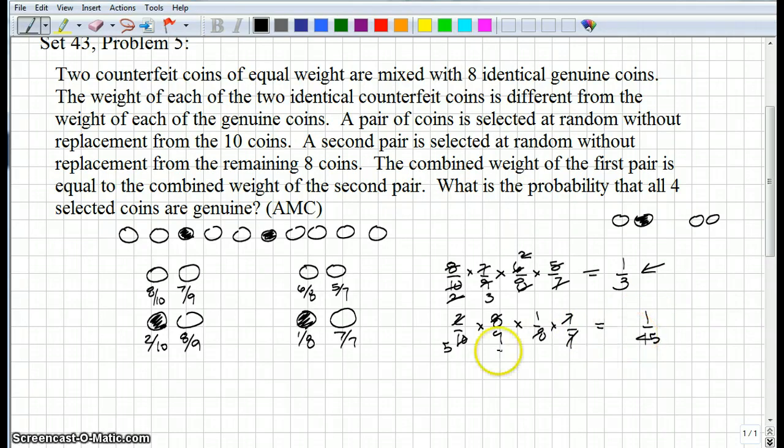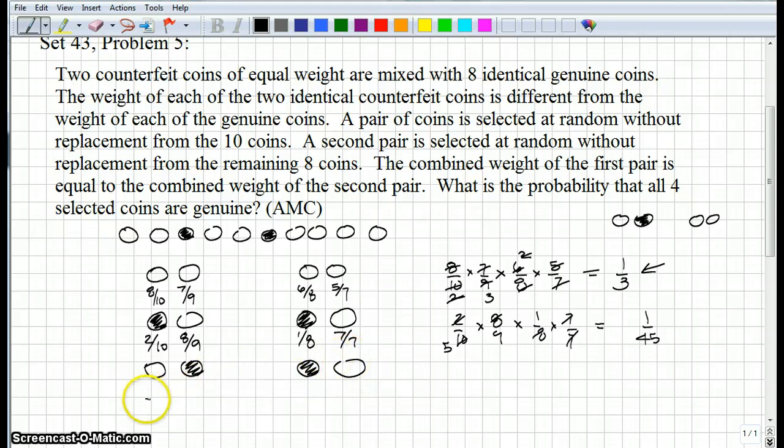But this is when you have 1 counterfeit and 1 genuine, and 1 counterfeit and 1 genuine. There are a number of different ways they could come up. We could draw the genuine first, and then the counterfeit. And let's say over here we draw the counterfeit and then the genuine.